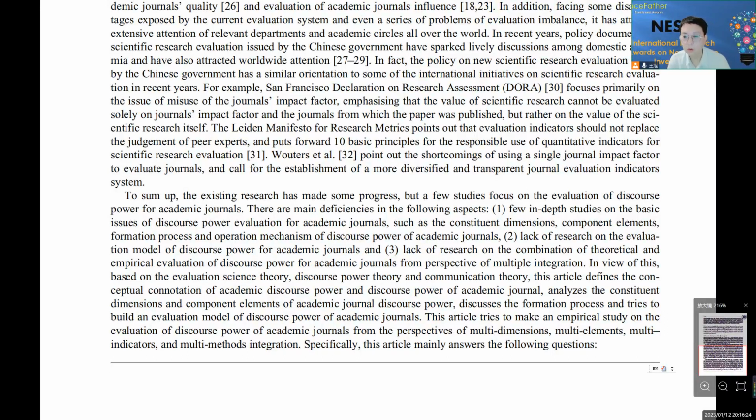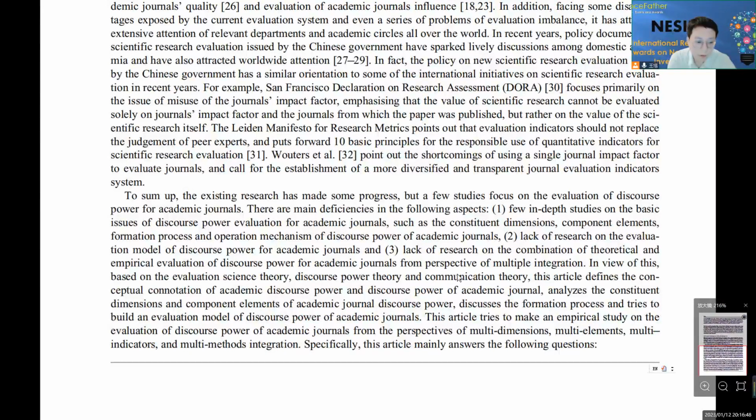Second is a lack of research on the evaluation model of discourse power for academic journals. And third is a lack of research on the combination of theoretical and empirical evaluation of discourse power for academic journals from the perspective of multi-integration.